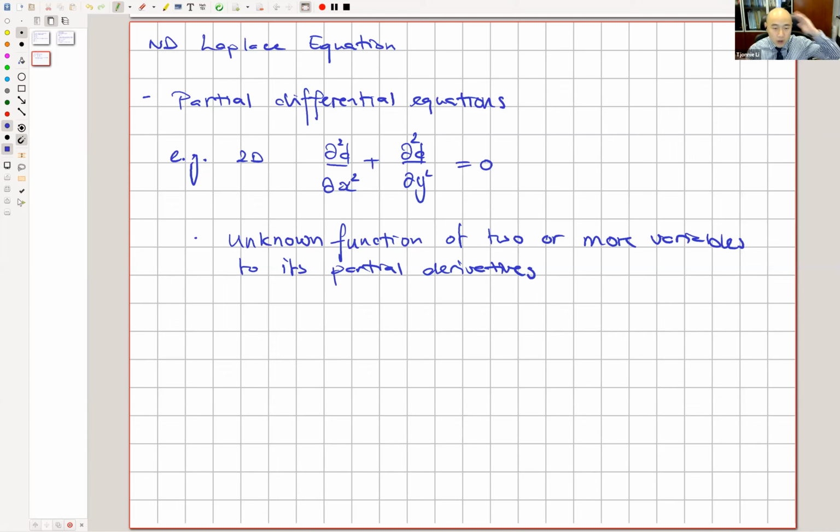Okay. Now, of course, from the onset, you may think, well, this is not necessarily a very easy thing to do, because now it depends on two or more variables, right? So φ here, in this case, is a function of x and y. Now it could go in this direction, it could go in that direction. And can we get a general solution for something like this in the first place?